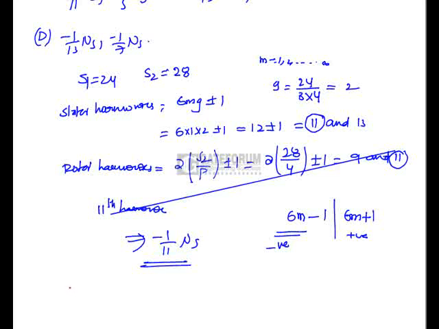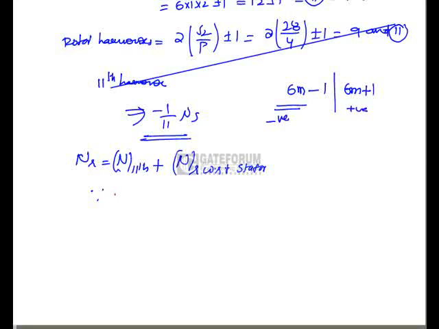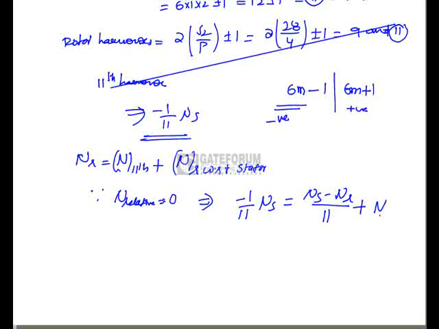Similarly, we have to find the speed of the rotor. What is the speed of the rotor here? Nr is equal to the speed corresponding to the 11th harmonic plus the speed of the rotor with respect to the stator. Since relative speed is equal to 0, I can write minus 1 by 11 into Ns equal to (Ns minus Nr) by 11 plus Nr.